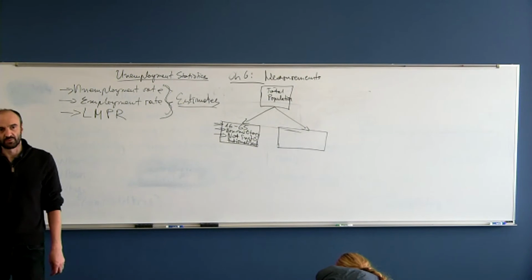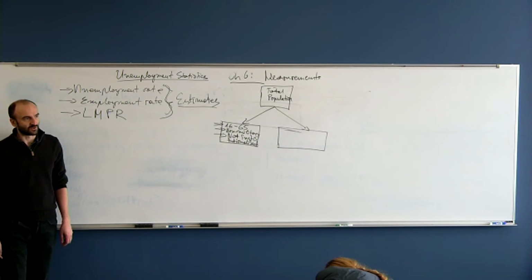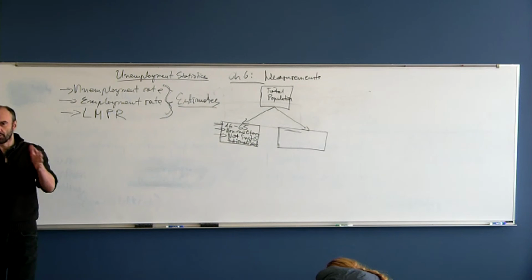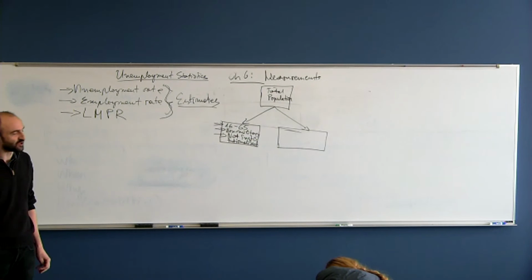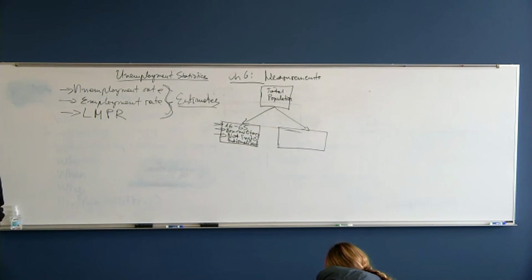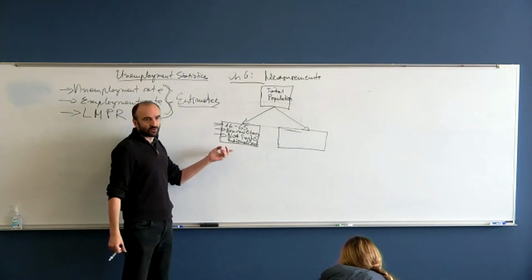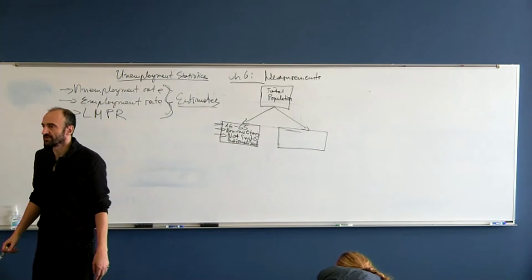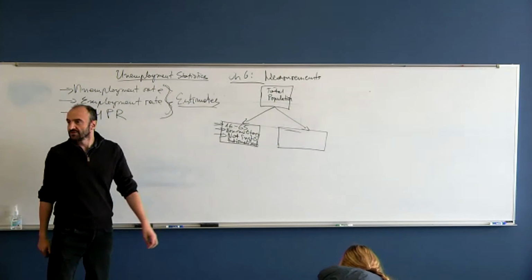So people in jail or people confined to mental institutions on a long-term basis are not part of this group of people who can work. Non-institutionalized means not in jail, not in a mental institution.